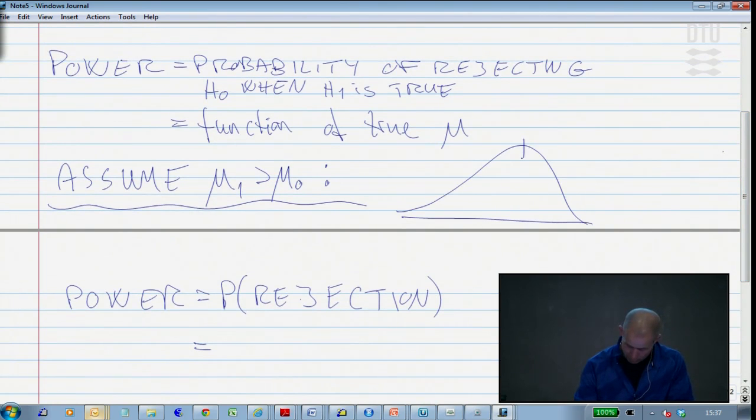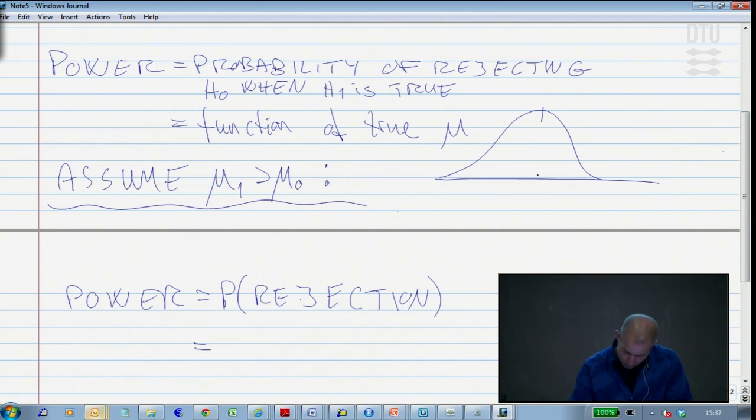Here's the null distribution, centered at 0. I reject in a one-tailed case; here is the rejection area.